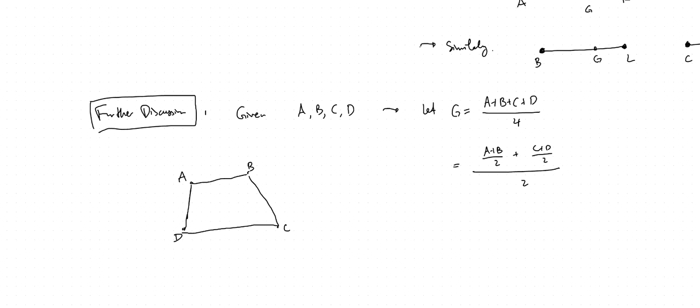It tells me that the midpoint of AB, let's call it X, and the midpoint of CD, let's call it Y, and G is the midpoint of XY. This point G is really the midpoint of the segment joining the midpoints. But you can also do it from these other midpoints, K and L, right? So let's do this one in blue.